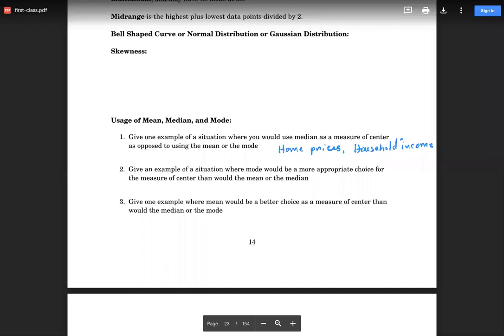Okay. So give an example of a situation where mode would be a more appropriate choice for a measure of center than mean and median. This could be for categorical data. So think if you have 5 different product lines, let's say 5 different products that Apple sells. They might be interested in finding out the mode, okay?